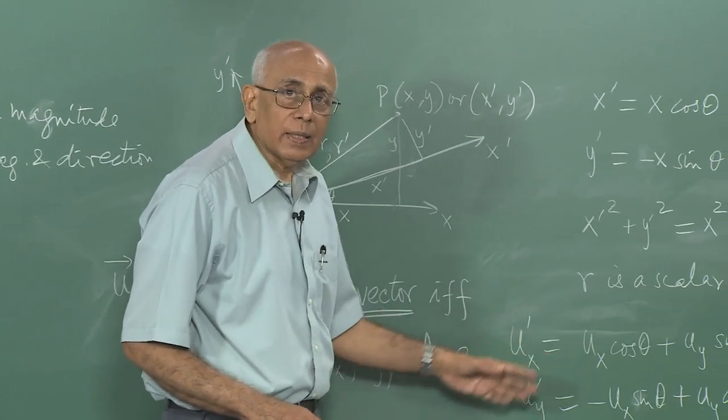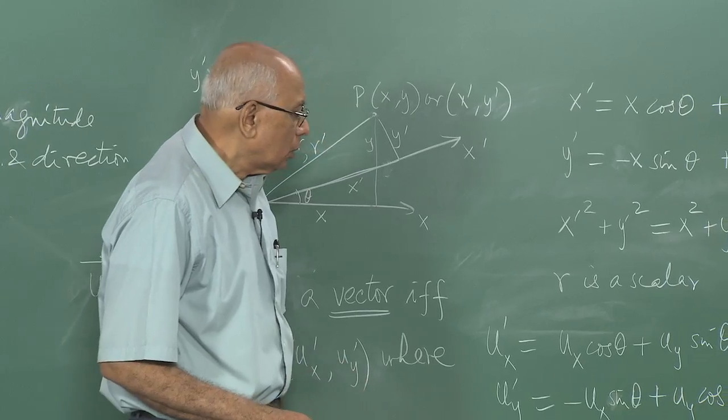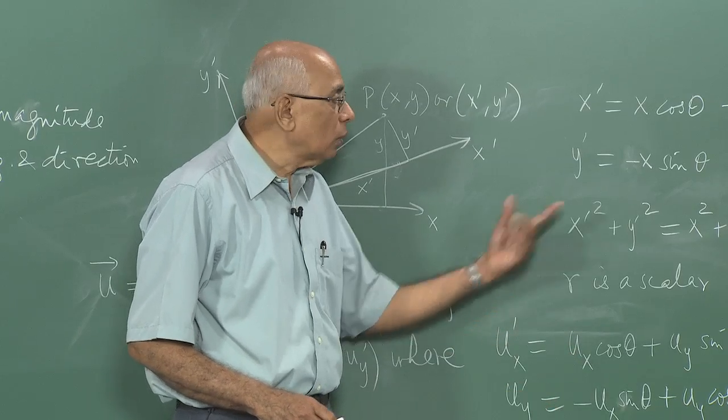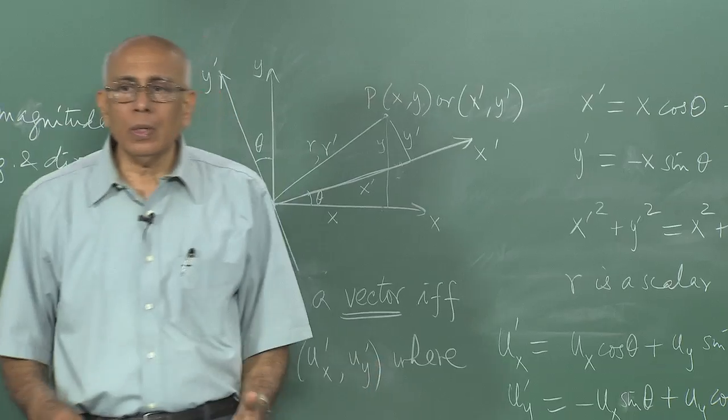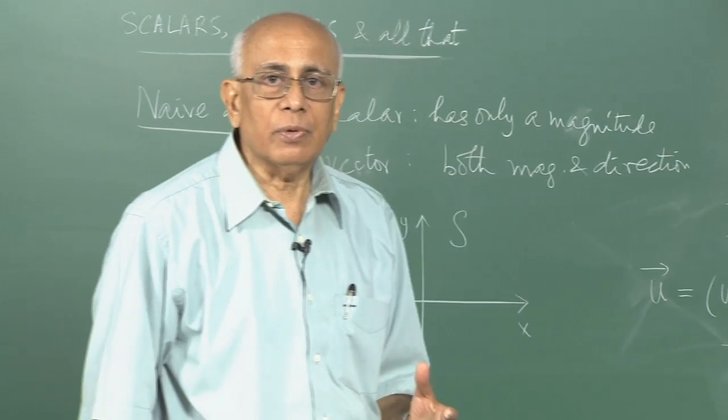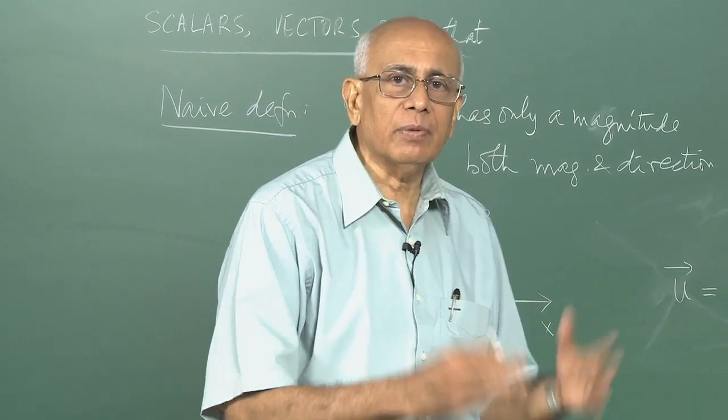Once you are guaranteed that the quantity is a vector, then we use the fact that it transforms in this fashion to predict what the prime quantities are from the unprimed quantities by a rule which is the same as the rule for coordinate transformation itself. Okay. So this is the correct definition of a vector, and it is extendable to any number of dimensions.